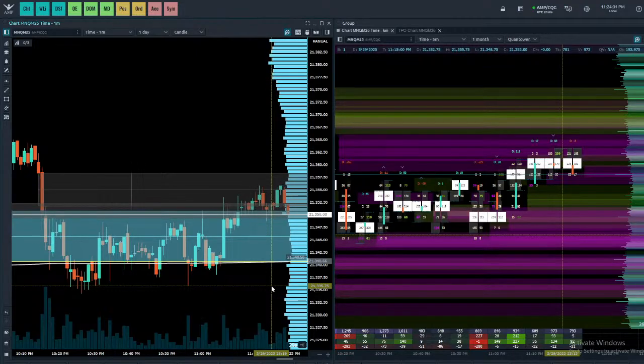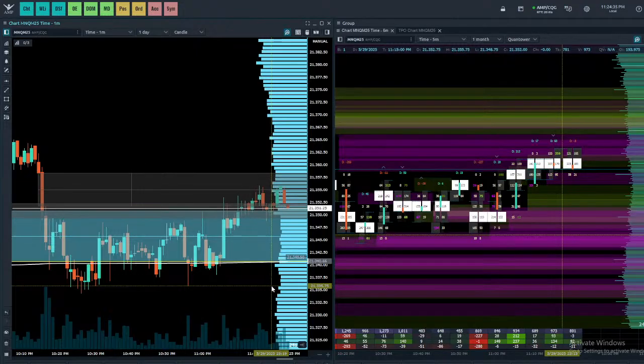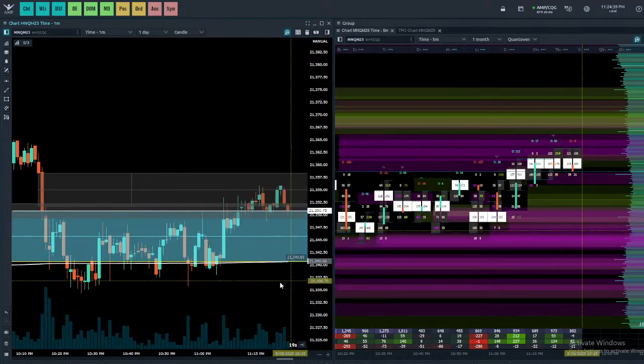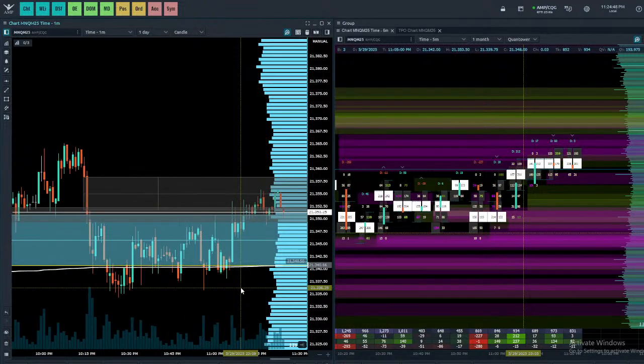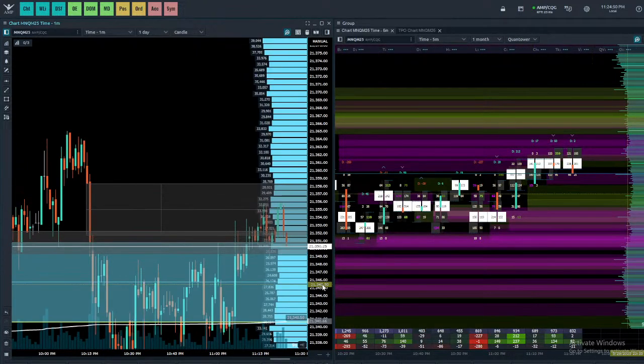This is Quant Tower. Math with the field too.